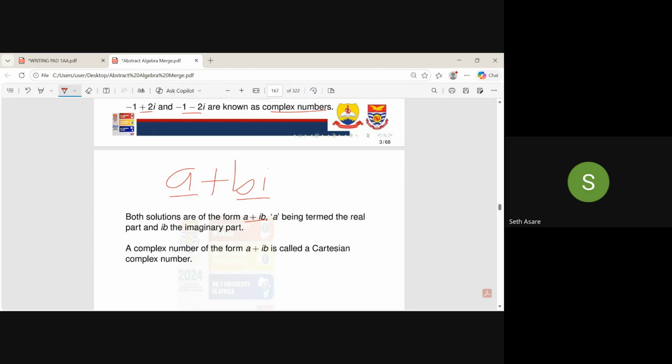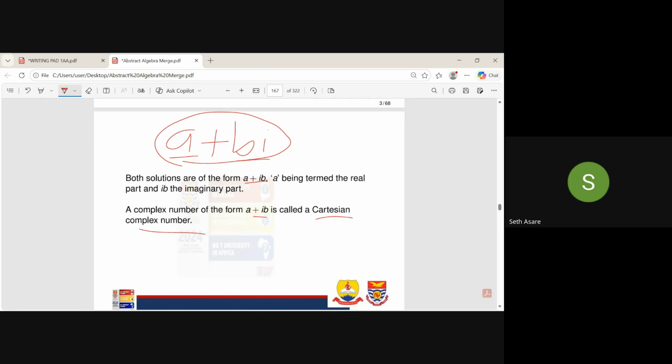When we write a complex number of this form, it is called the Cartesian complex number. We have the Cartesian one, we have the polar one, and we also have another one. So anytime we see a plus bi, this is a complex number in the Cartesian form.